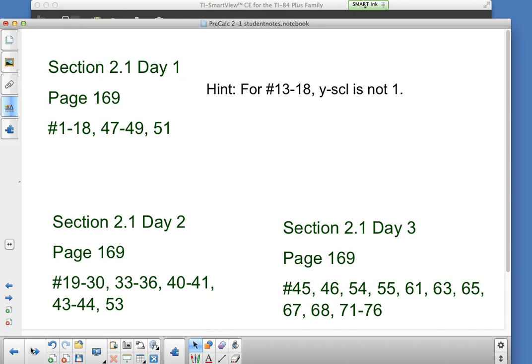Tomorrow, Thursday, and then Friday, we'll have 2-3, day 1 and 2. We'll go over 2-3, day 3. On Monday, we'll have 2 days of review, and we'll have a test on Thursday when we get back. So keep that in mind. That's our schedule, and that's what we're going to try to adhere to.